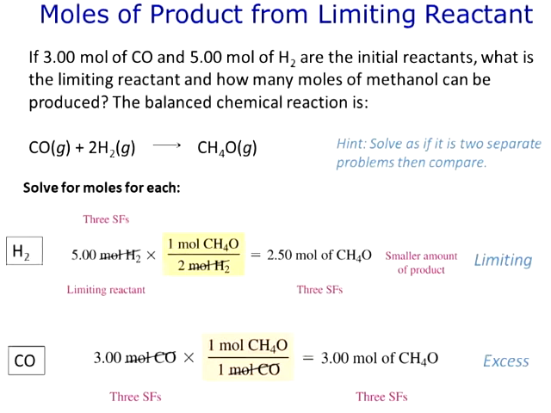And then we compare these two and we note that the moles of methanol from hydrogen is less than the moles of methanol from carbon monoxide. Therefore, the limiting reactant is hydrogen, because from hydrogen, the least number of moles of methanol is produced.